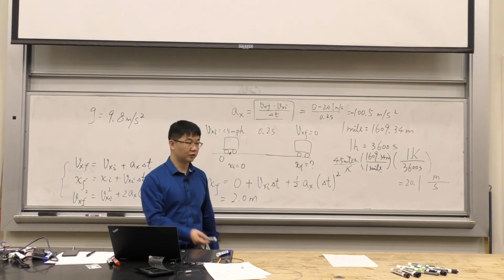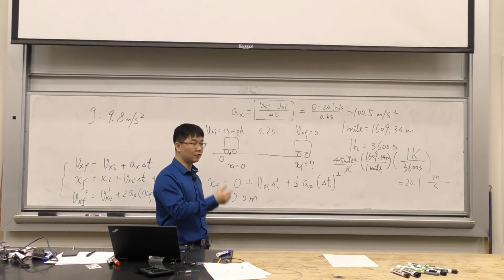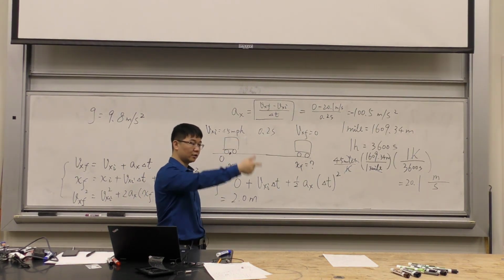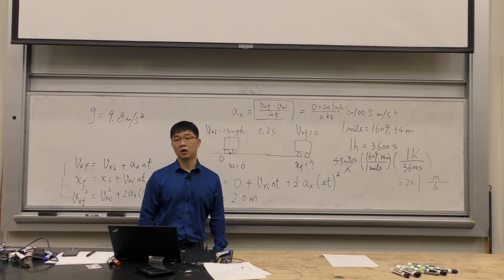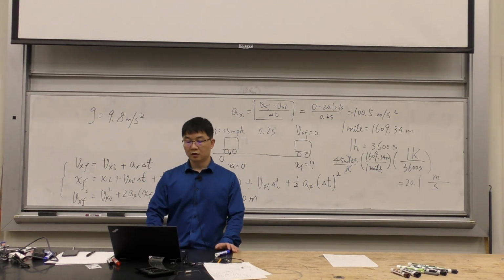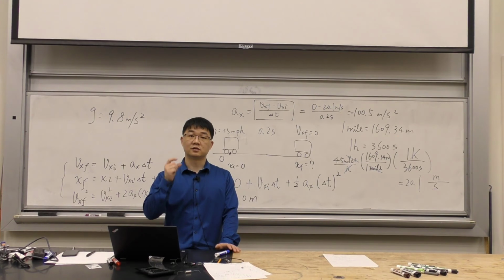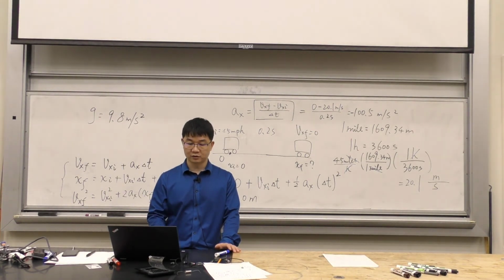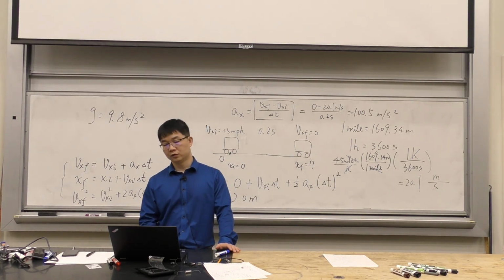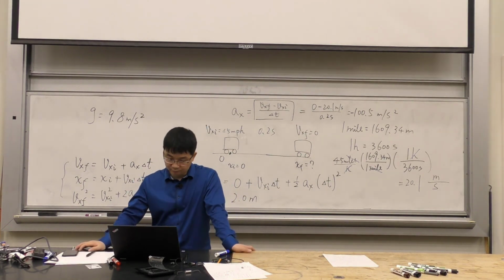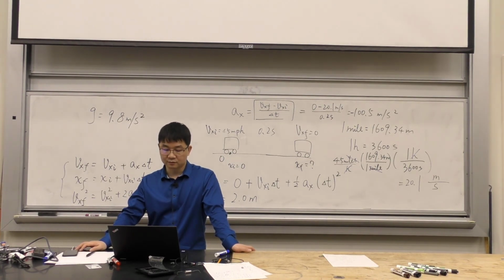Even if I do this, I know it's going to go up, turn around, and then drop to the floor. But in this whole process, only gravity is on it, so it's still free fall, even though it's not falling all the way. So the acceleration is still the same. It's always 9.8 down.